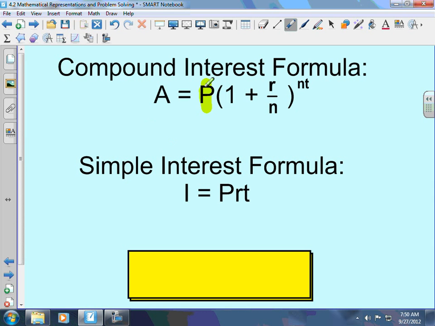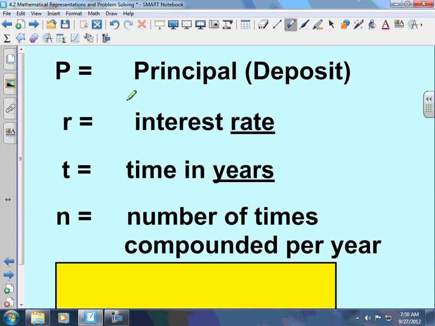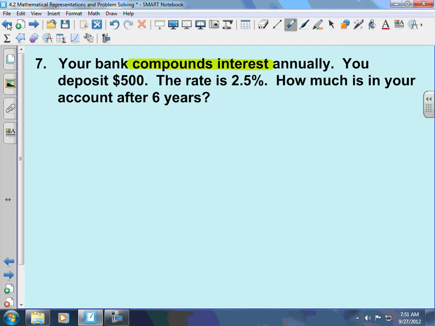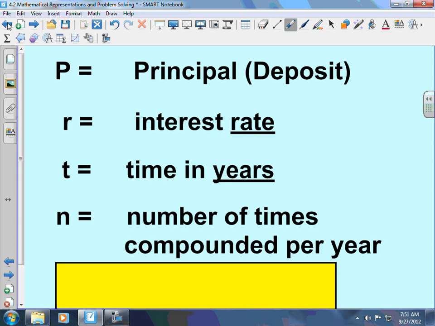Principal. What is R? R is your rate. N is something that people get confused with. N is the number of times it's compounded per year. T is the time in years.